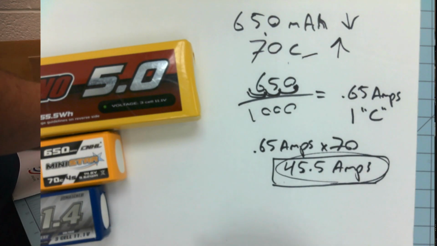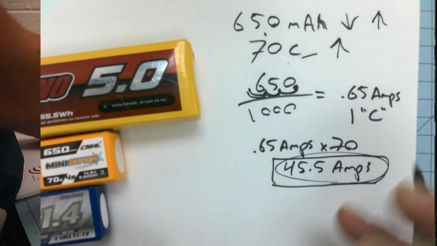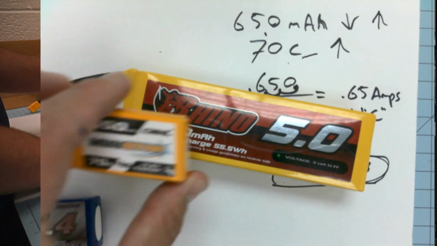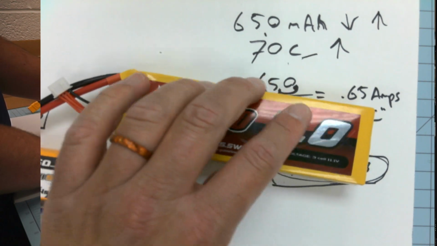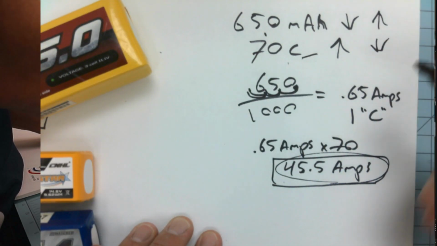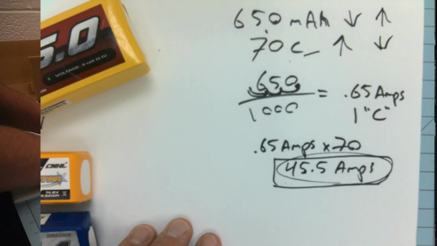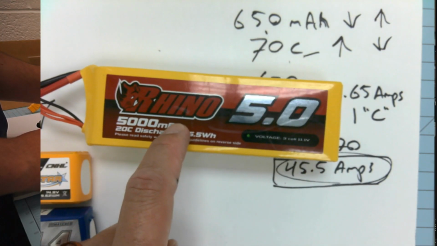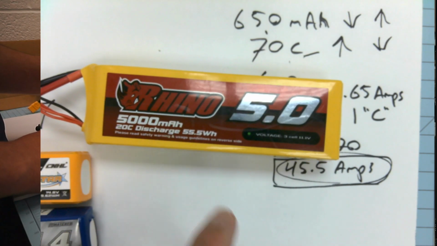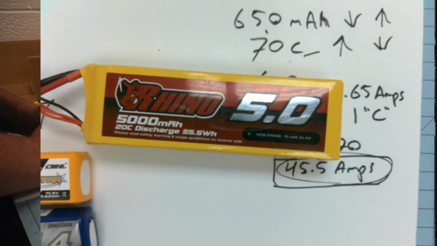On the flip side, if my battery capacity gets bigger, like this battery's huge compared to this one, almost 10 times, my C rating can get lower, and I can get the same amount of power out of the battery. That's important because you typically pay more money for a higher C rating compared to other batteries of the same size.